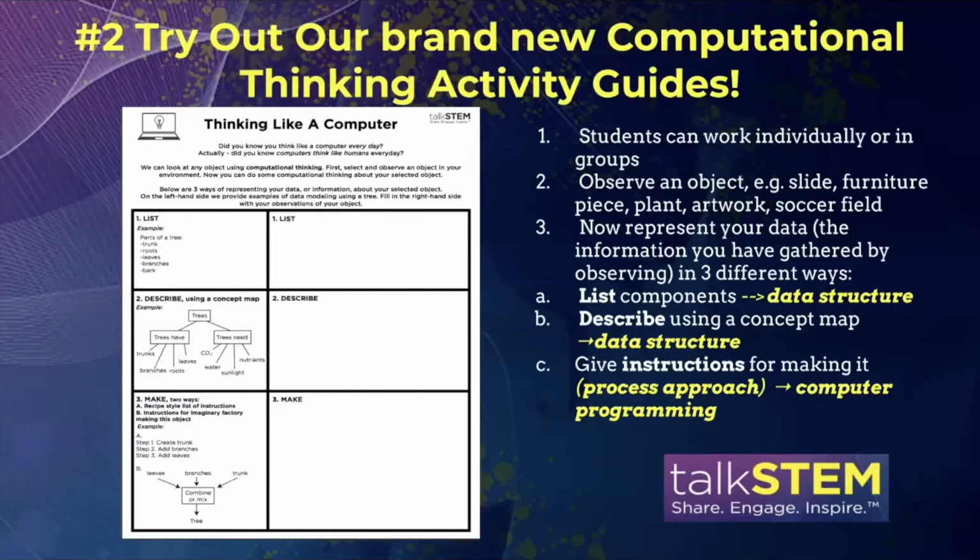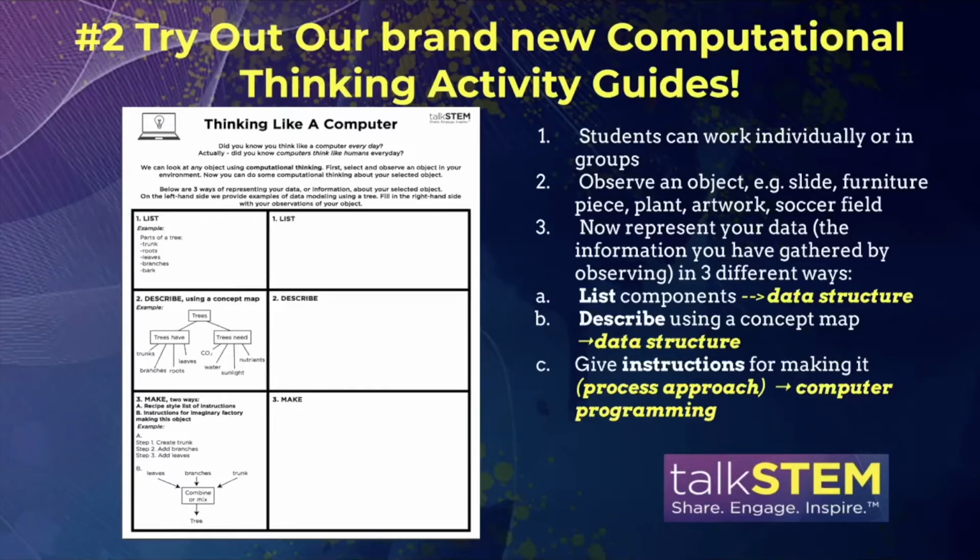What else can you do? Well, this is a brand new activity guide that Paul and I worked on, thinking that some of you might be interested in having something that's just ready to go that you could try out with your students that wouldn't take too much time.